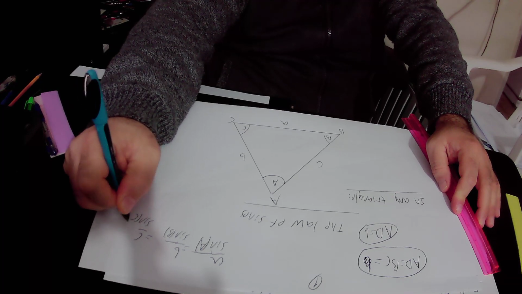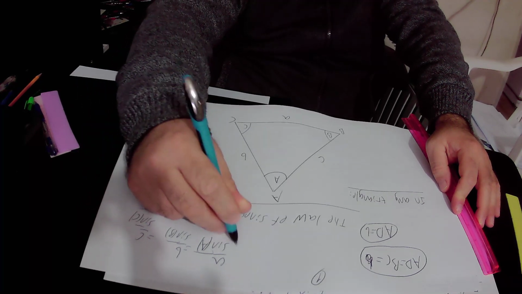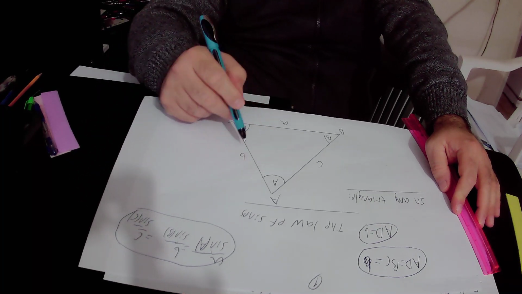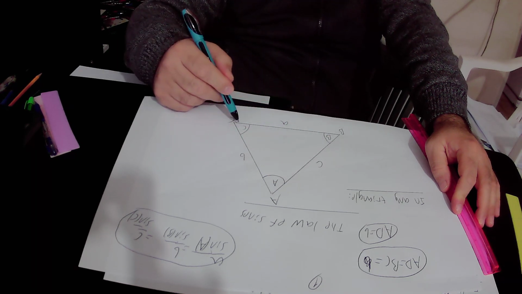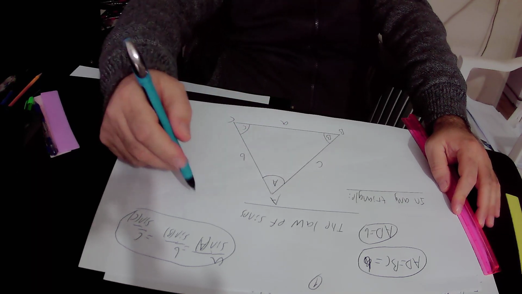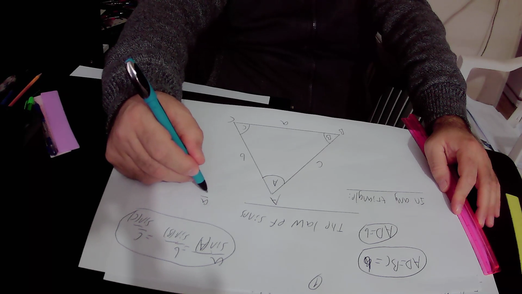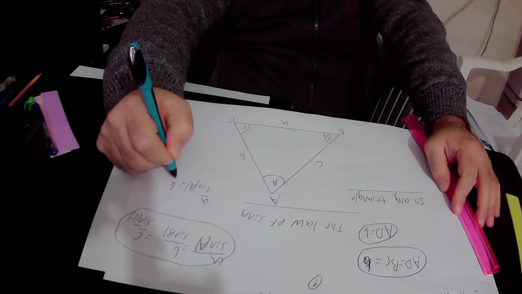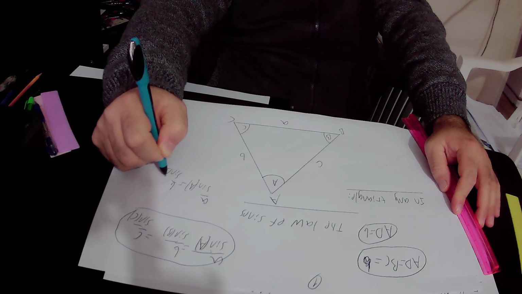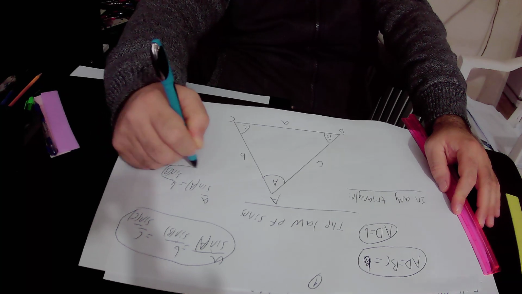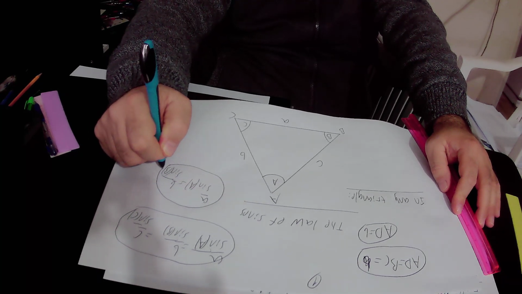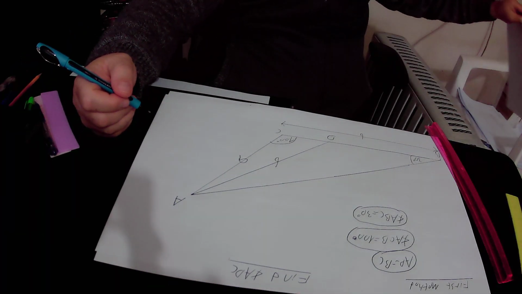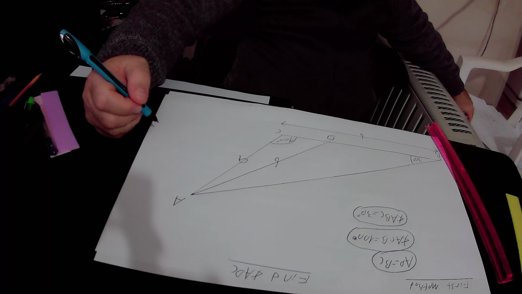I'll repeat again: in any triangle, A over sine A equals B over sine B equals C over sine C. From this formula we will derive that A over sine A equals B over sine B, and we will implement the law of sines in our triangle ABC.